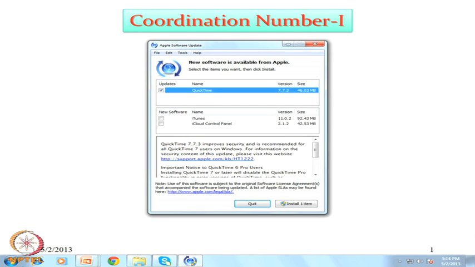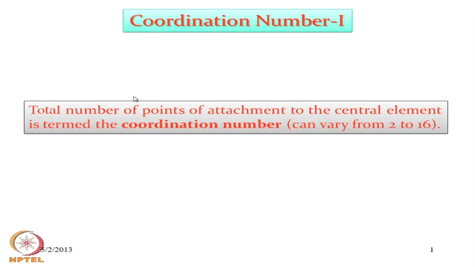So, if we just proceed in this manner for this first class, which is devoted to coordination number part 1, and how we can define this particular system is that the total number of points attached to the central element, what we are just now discussing, the total number of fluorine atoms attached to the boron center, we can call the coordination number.